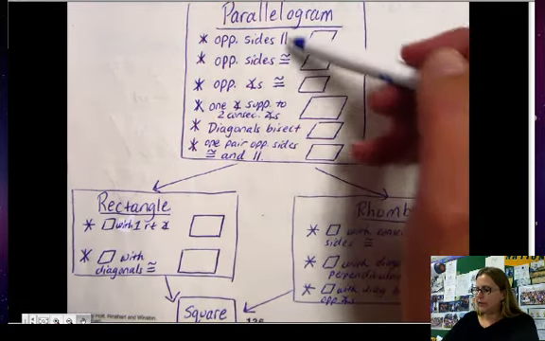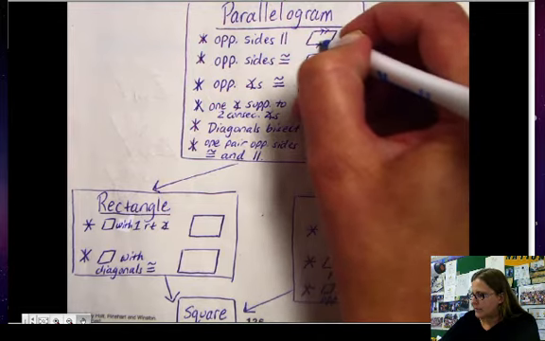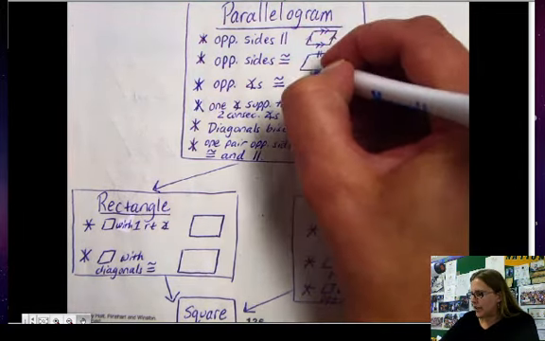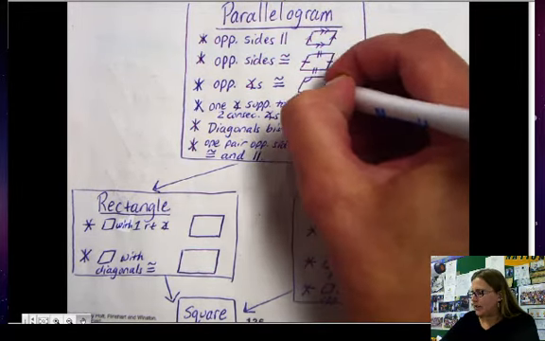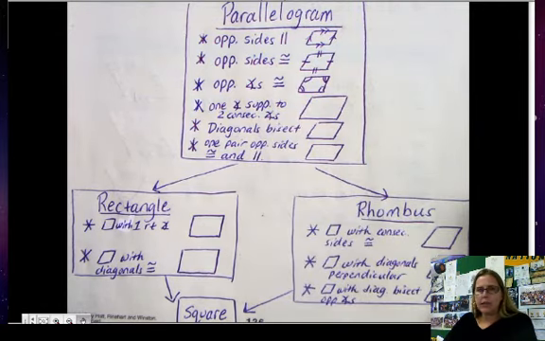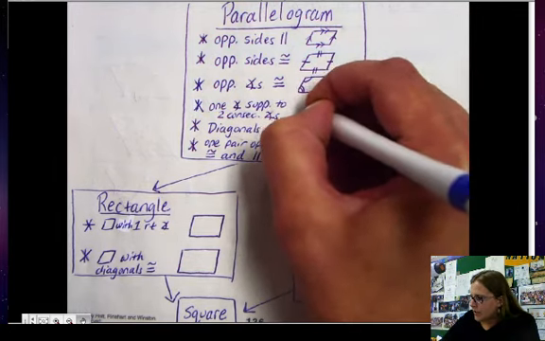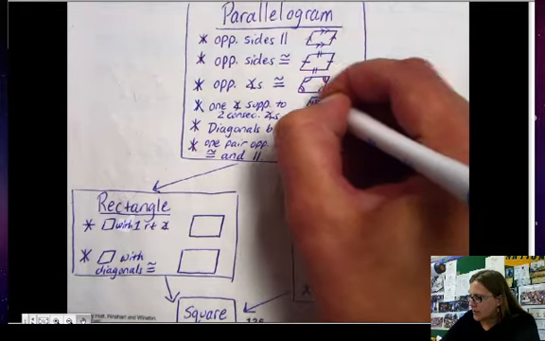So parallelogram, we've learned all of this before. Opposite sides are parallel, looks like this. Opposite sides are congruent, looks like this. Opposite angles are congruent, looks like this. One angle supplementary to 2 consecutive angles. So if this is x degrees, this would have to be 180 minus x degrees.